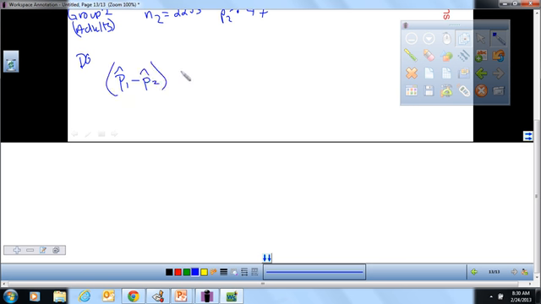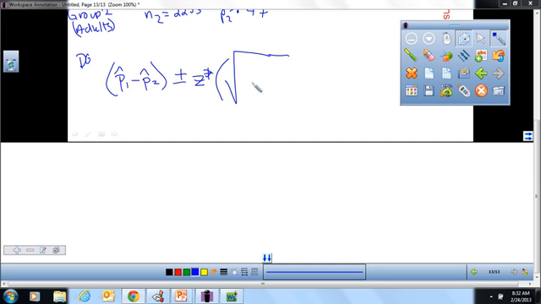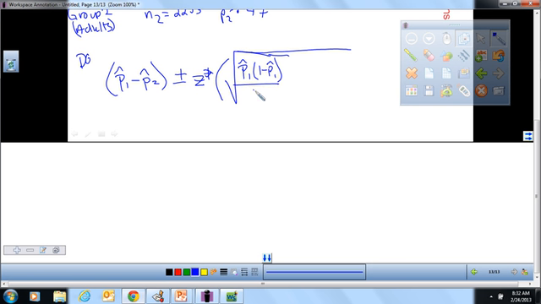That's your statistic, plus or minus the critical value, which I'm getting off the green sheet, times the square root of, and it's right here on the green sheet, all under one huge square root: P hat of 1 times 1 minus P hat of 1, over N1, plus P hat of 2 times 1 minus P hat of 2, over N2.